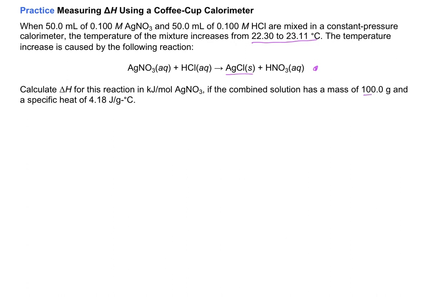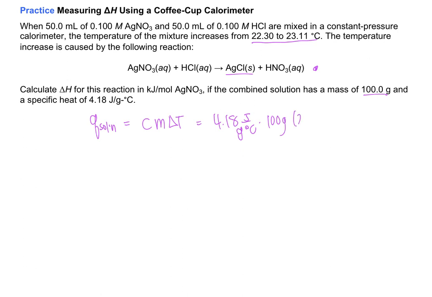So if the combined solution is 100 grams and specific heat is 4.18. So very similar. I hope you're pausing to do this on your own, but I'm going to plug in Q of my solution equals Cm delta T. So my heat capacity is 4.18 joules per gram degrees Celsius. Mass is 100 grams.